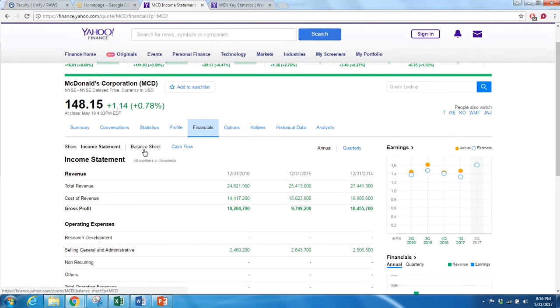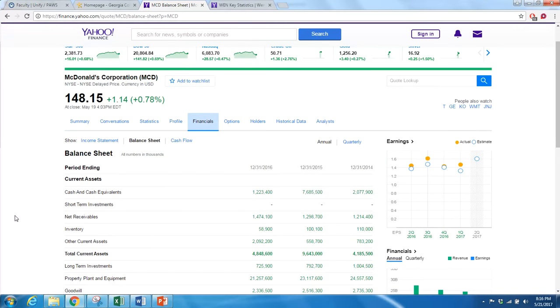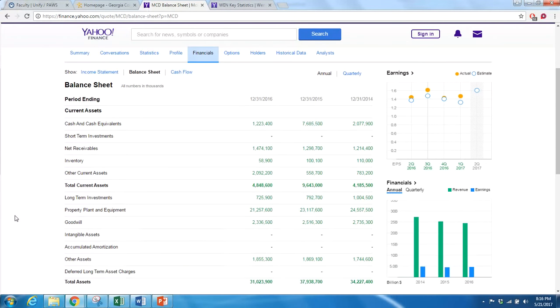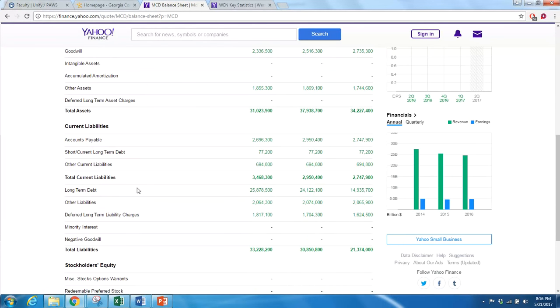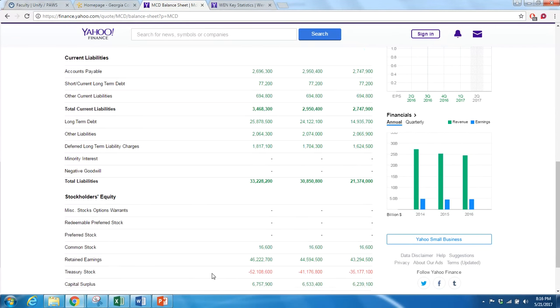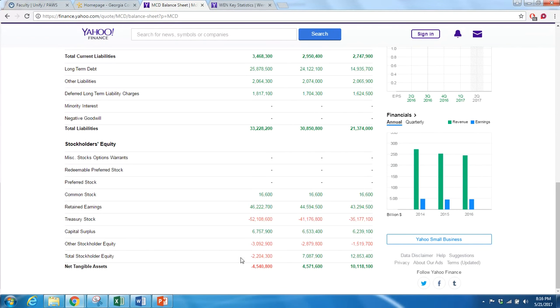This is a balance sheet item, liabilities and assets, just like your personal balance sheet. We see that McDonald's has total liabilities of 33,228,200 thousands, right? So 33 billion, but negative stockholder equity. And so that's the reason why they have an NA for their debt to equity ratio.